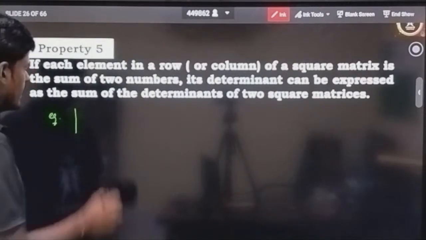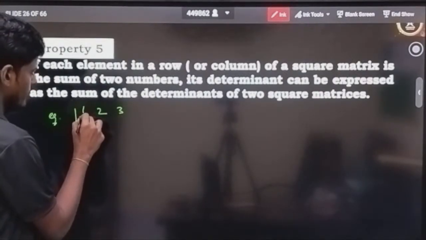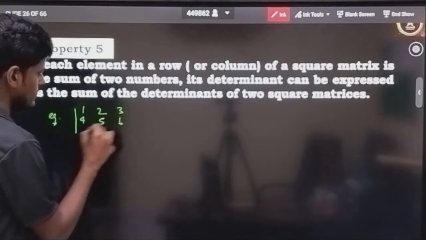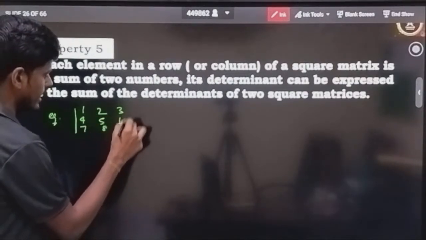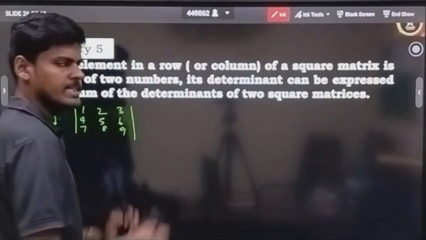Suppose we want to find the value of the determinant 1, 2, 3, 4, 5, 6, 7, 8, 9. What is the value of this determinant?